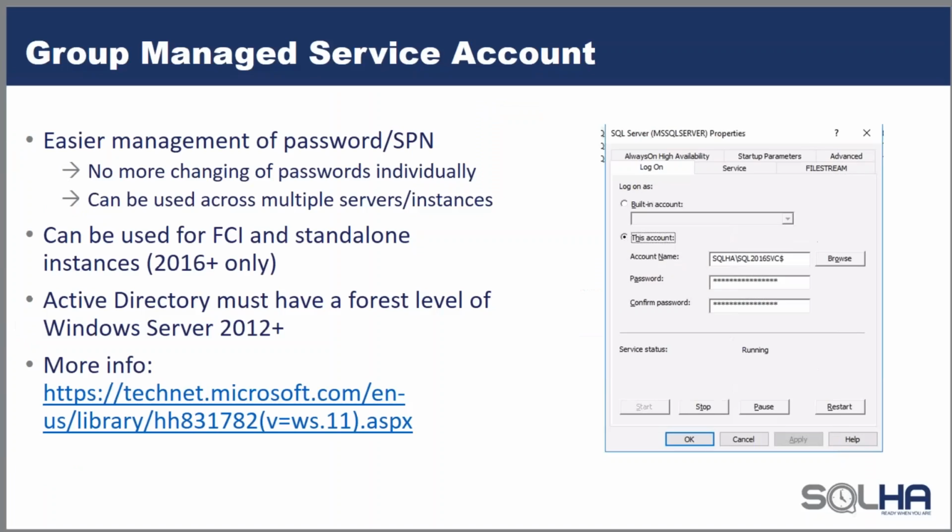That $ sign is basically what lets me know, when I implement this, it's a group managed service account. Now, if you look in Active Directory, and due to time, I'm probably not going to be able to show this to you. If I do, it would be later in the talk. You don't see that $ sign, but when you implement it, you have that $ sign. There's a couple things you need to get this working. That link that I put there should hopefully help you if this is something you want to do.